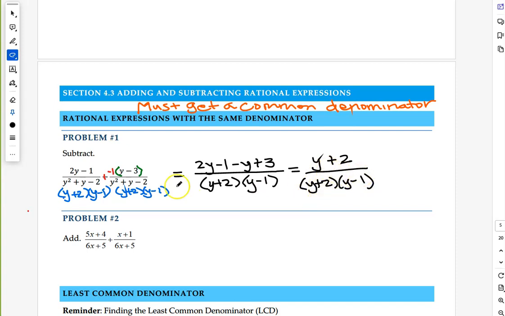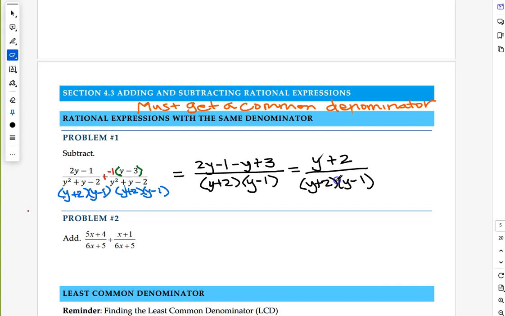At this point, we can see that we have a common factor. Be really careful, because I can't just divide out this y with this y, because they're connected by addition or subtraction. Remember, we can only do that if things are connected by multiplication.